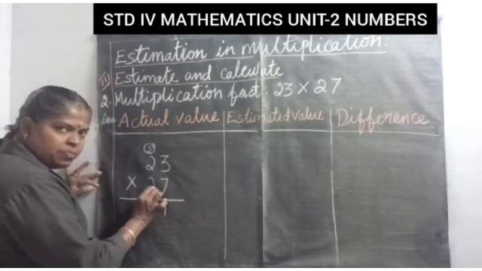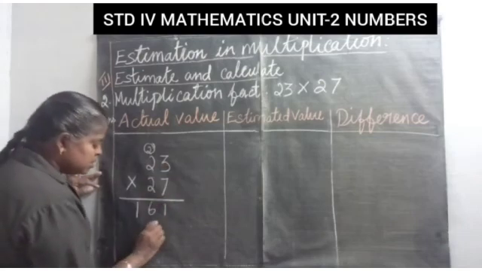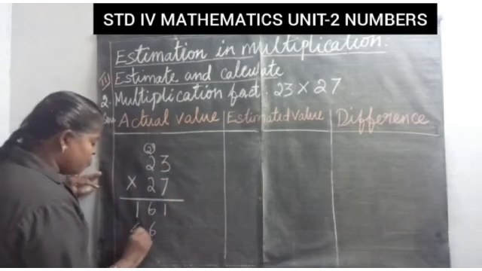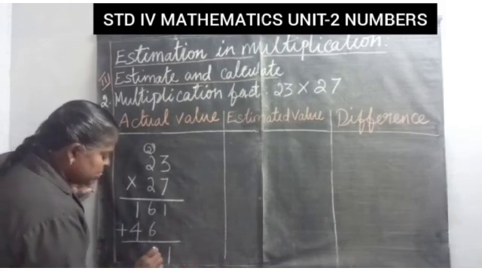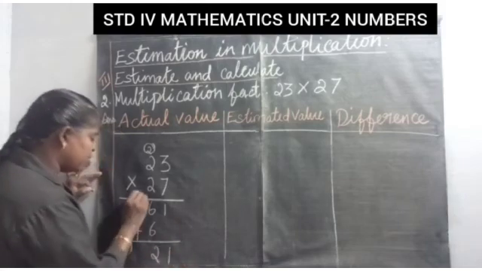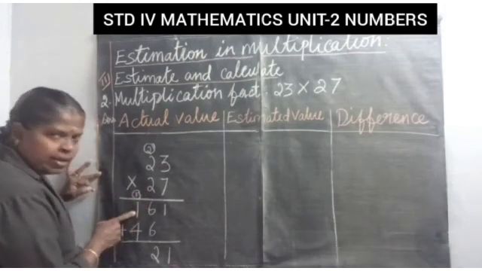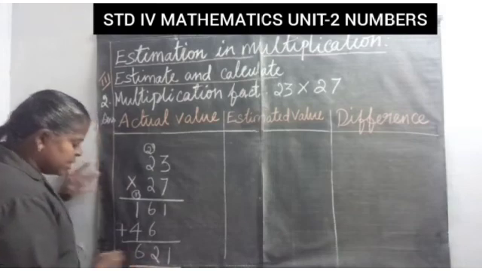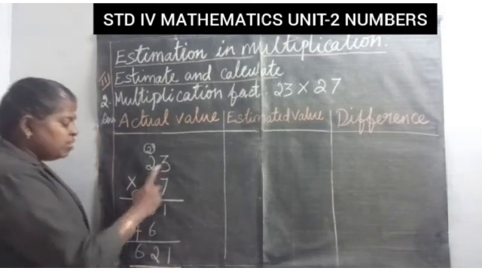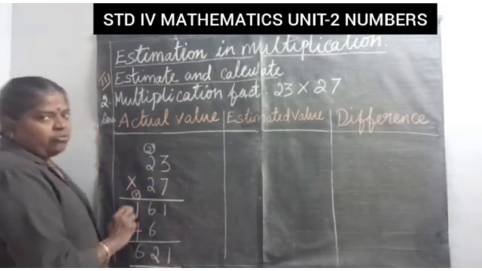Then start to multiply by 2. 2 threes are 6. 2 twos are 4. Add the 1. 6 plus 6 is 12, 2, carry over 1. 1 plus 1 is 2. 2 plus 4 is 6. So 23 into 27 is 621.